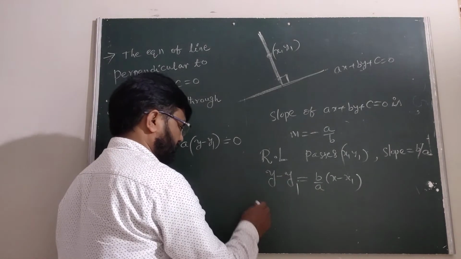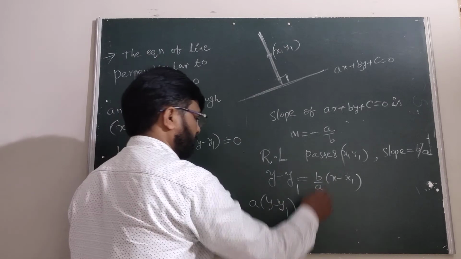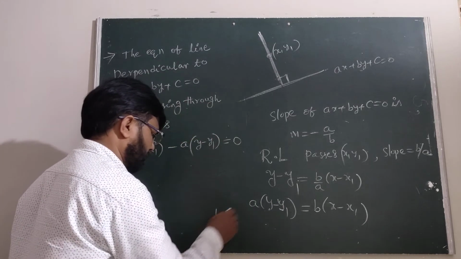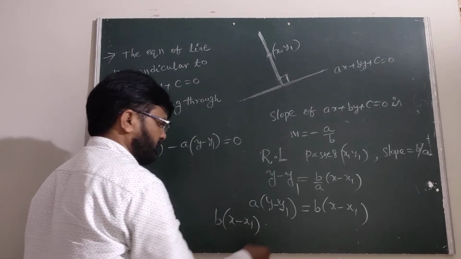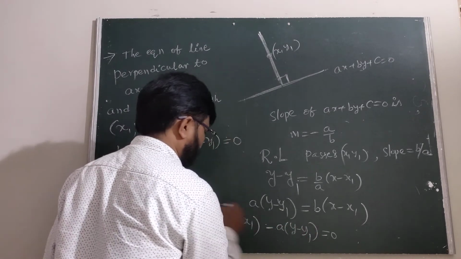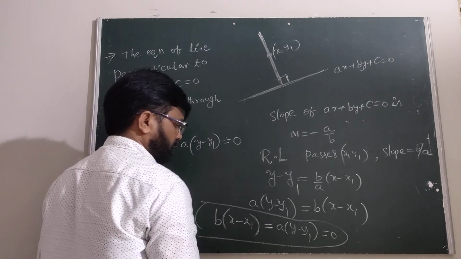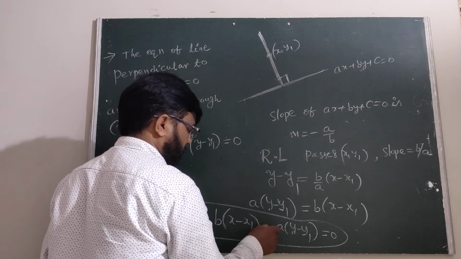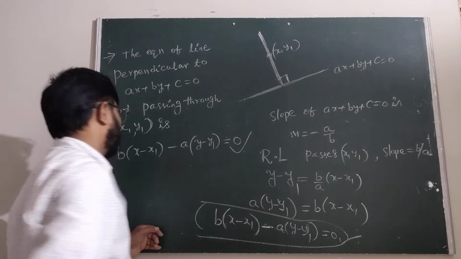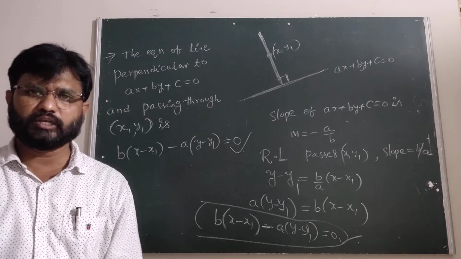After cross multiplication, a(y - y1) = b(x - x1). Sending everything to the other side, b(x - x1) - a(y - y1) = 0. This is the formula: b(x - x1) - a(y - y1) = 0.